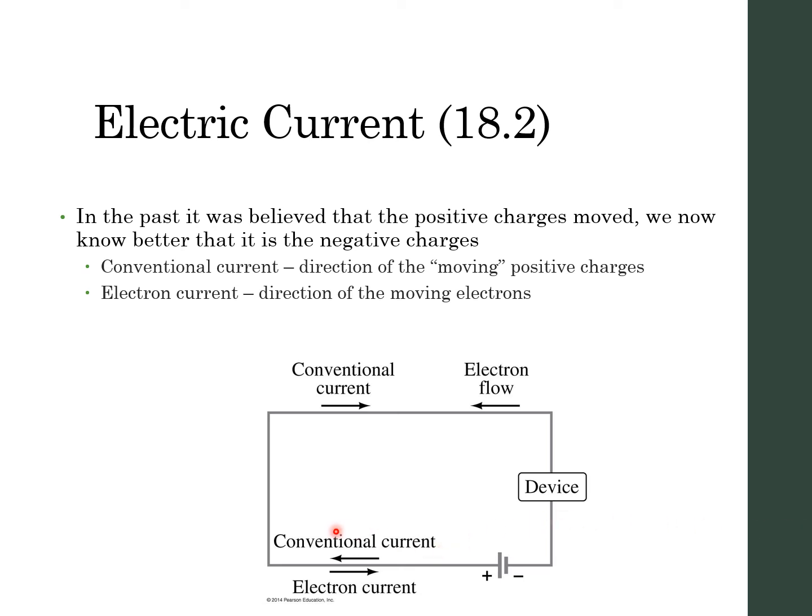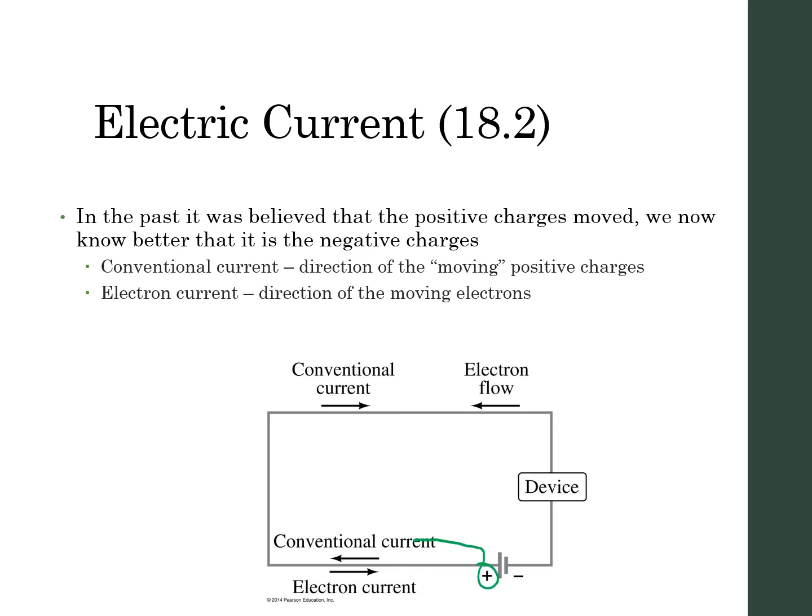You'll see that we have the conventional current. It is flowing from the left up to the right, down, back towards the battery. So it is flowing in a clockwise direction. That is the conventional current. That is the direction of the positive moving charges.